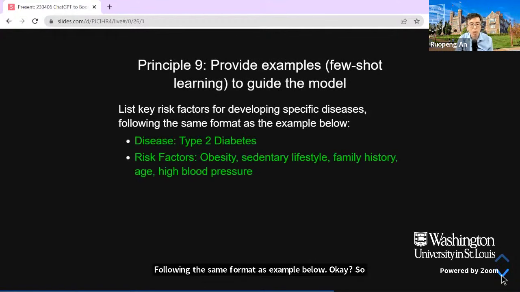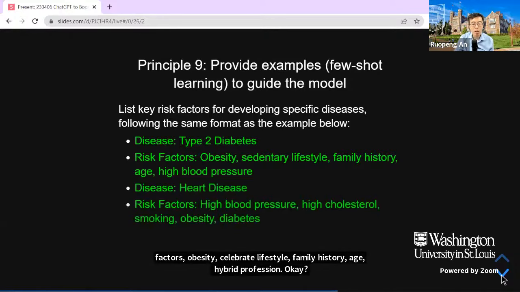And after the prompt, first you provide the first example. Notice that the first example is formatted. You have first disease and then type 2 diabetes. So this is a type of disease. And then you list the risk factors: obesity, sedentary lifestyle, family history, age, high blood pressure. Okay, so this is a complete example.